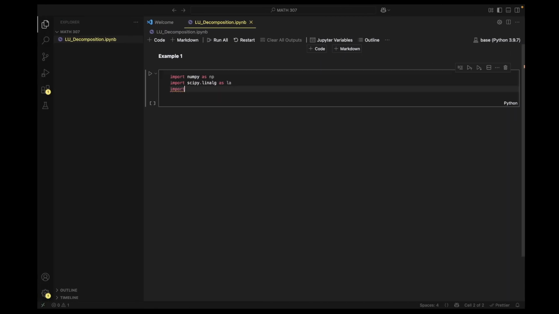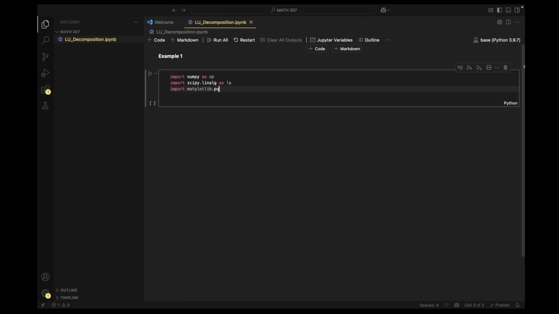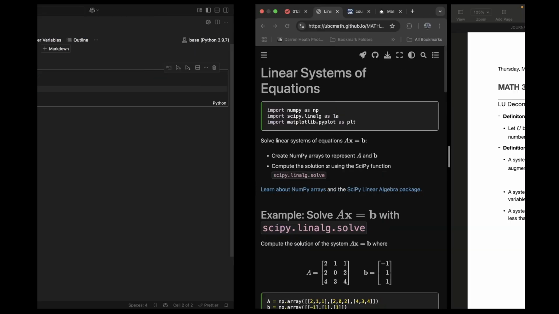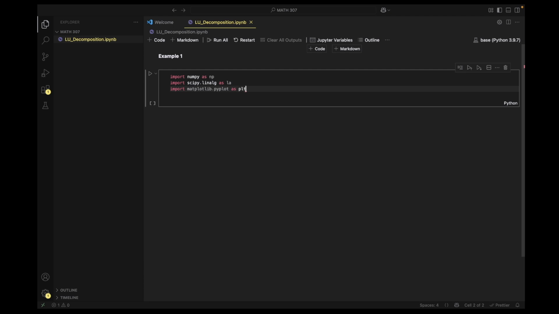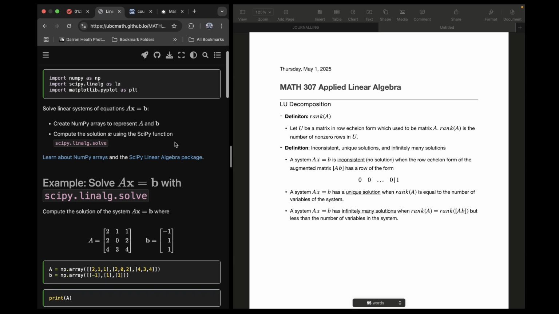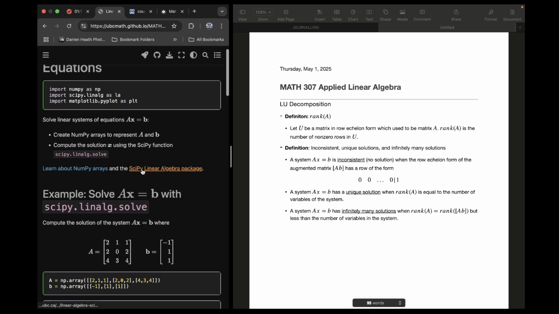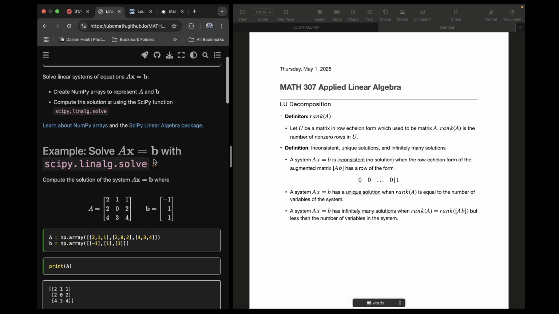Import matplotlib dot pyplot as plt. Okay, so linear systems of equations, Ax equals b, are solved by creating numpy arrays to represent A and b. Then we compute the solution x using the scipy function scipy.linalg.solve.